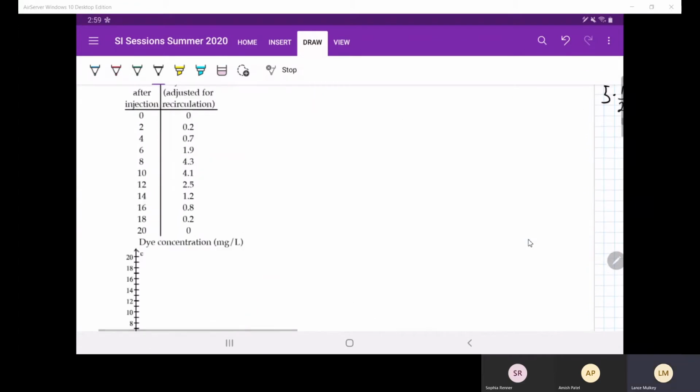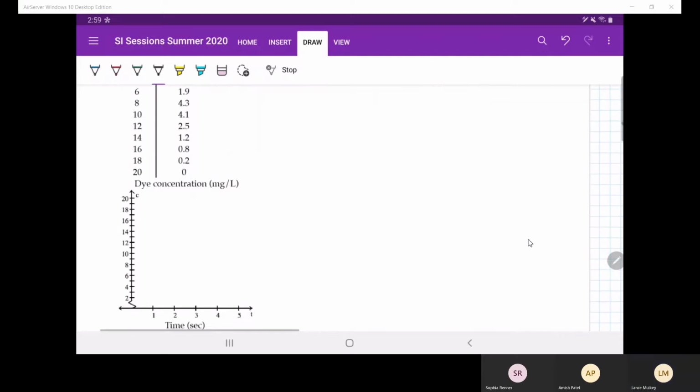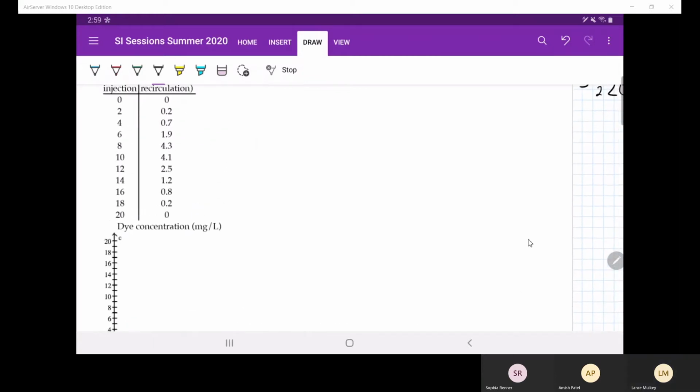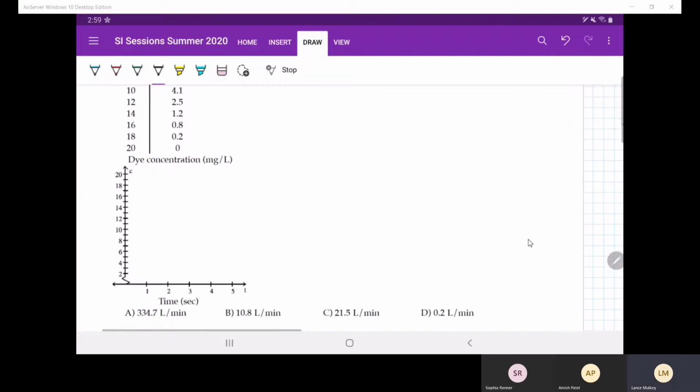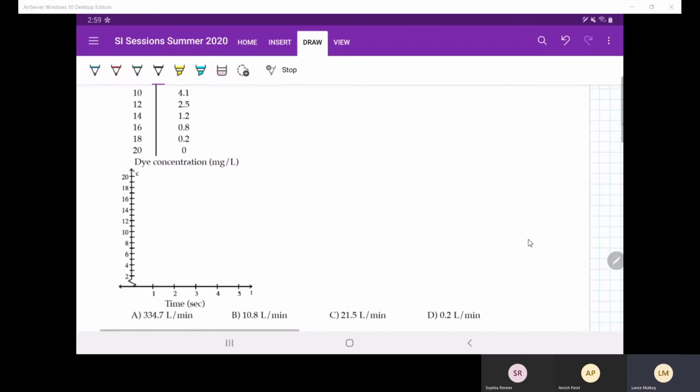And you have time, seconds after injection. The bottom is in seconds, and the top is in milligrams per liter. It's messed up. It should be the other way around because you can't fit this thing on here.